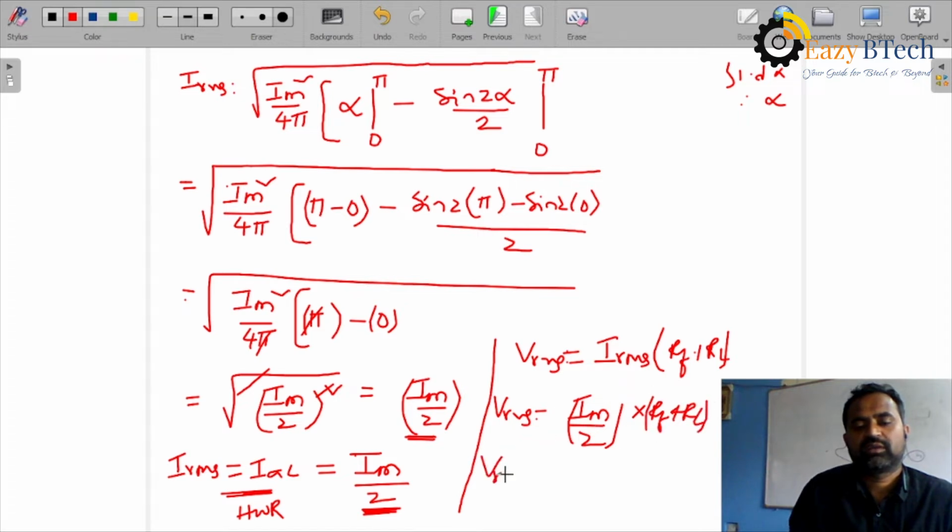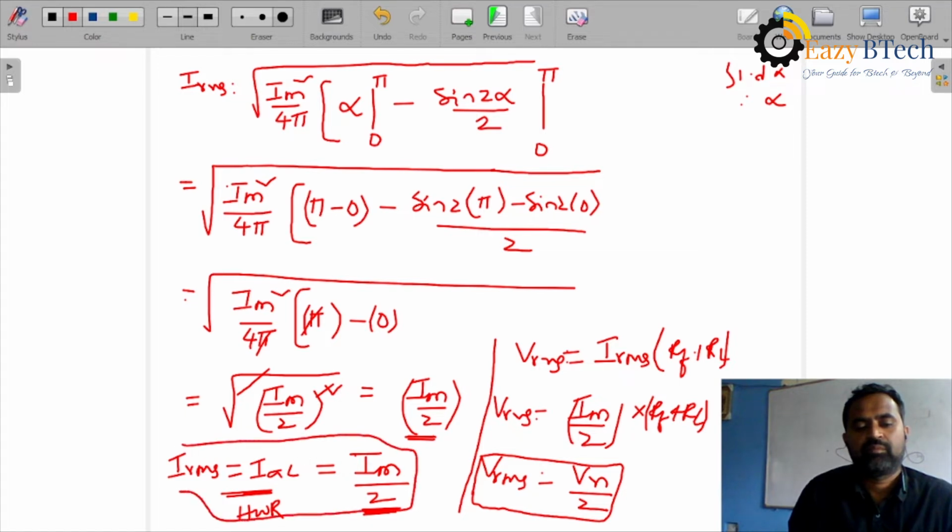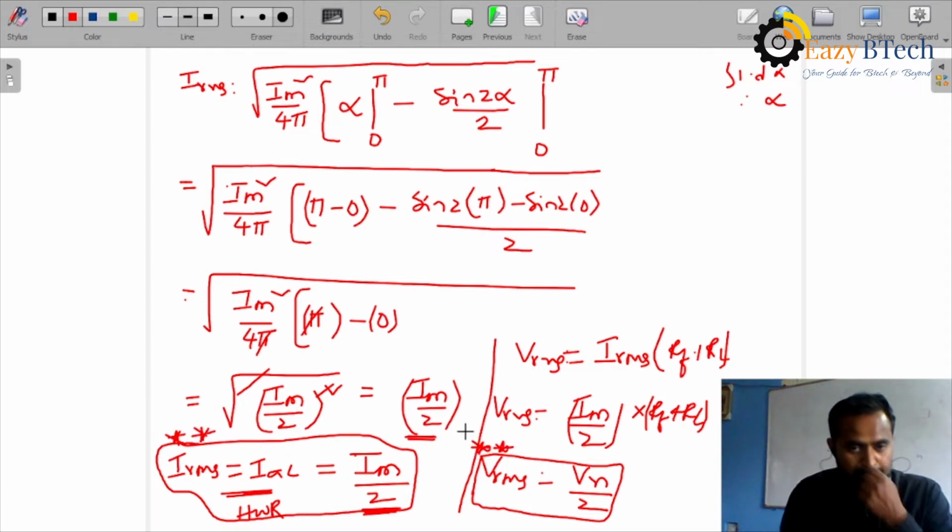This we will write VRMS is equal to Vm by 2. Okay students, this is the way we are finding the values for average value, that is output DC, and input AC IRMS values for the half wave rectifier.